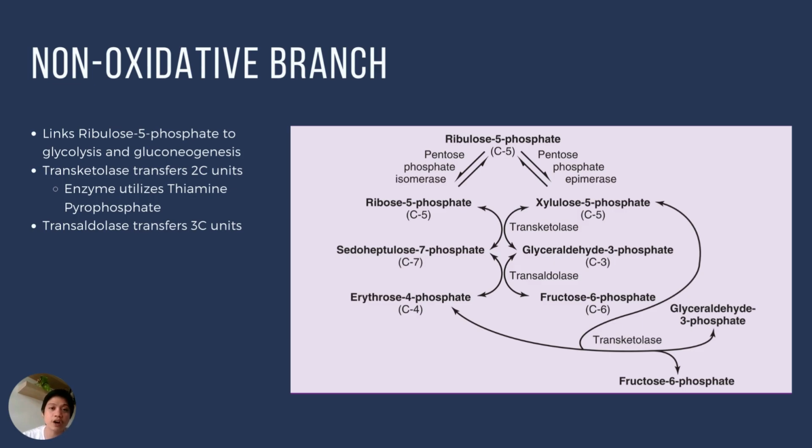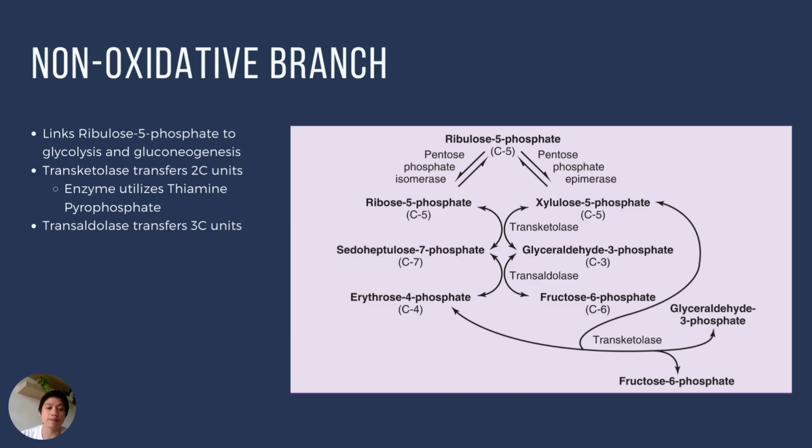The key points here are ribulose 5-phosphate enters, and it can produce ribose 5-phosphate, which is a major product that can be taken away from the pentose phosphate pathway into the synthesis of nucleotides. Okay?